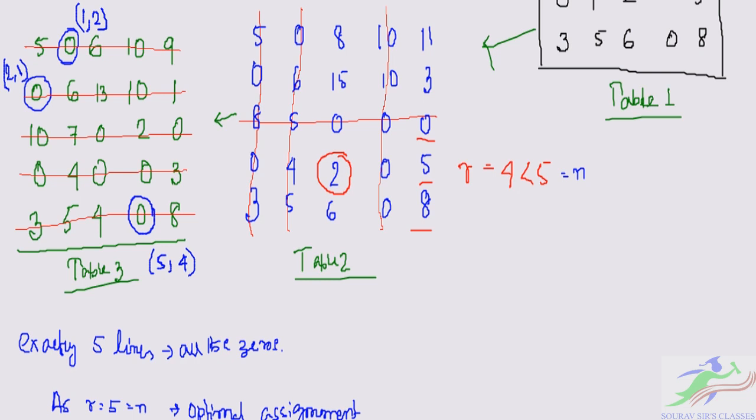So we have encircled these zeros, and let us cross all the other zeros in the table. So this one, first one, 2 3 4 5, right? So in the fifth column we now have this, 1 2 3. Okay, so in this particular we have done.